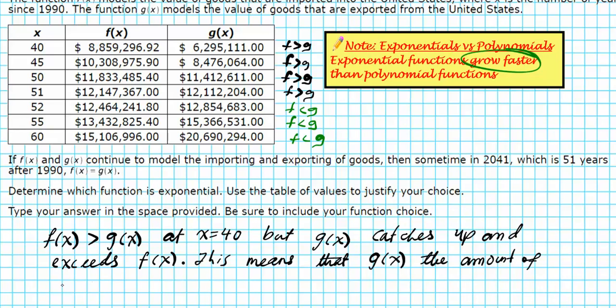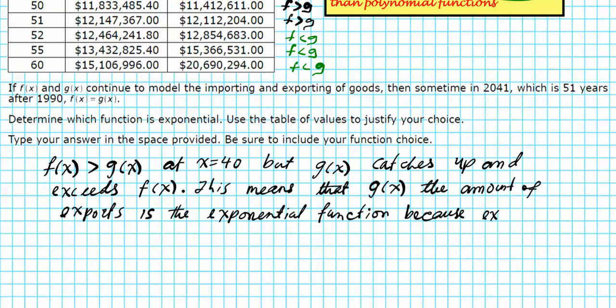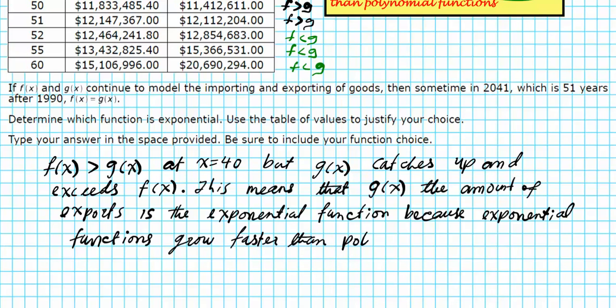The amount of exports is the exponential function, because exponential functions grow faster than polynomial functions.